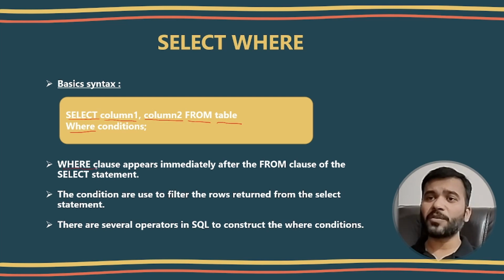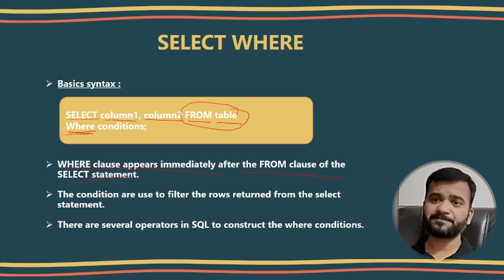The where clause appears immediately after the from clause of the select statement. Here you see where appears immediately after from and the table name. The conditions are used to filter the rows returned from the select statement.